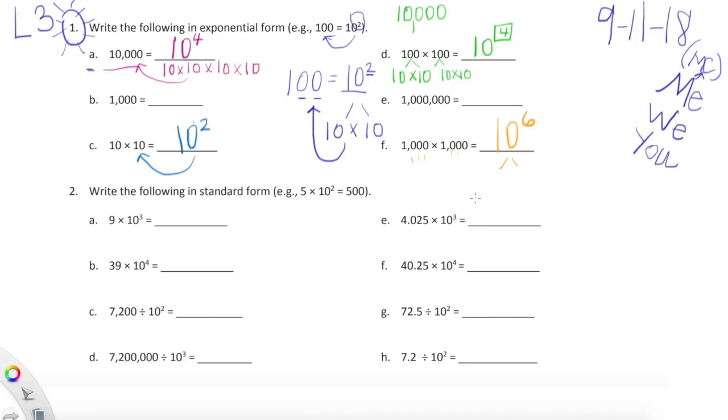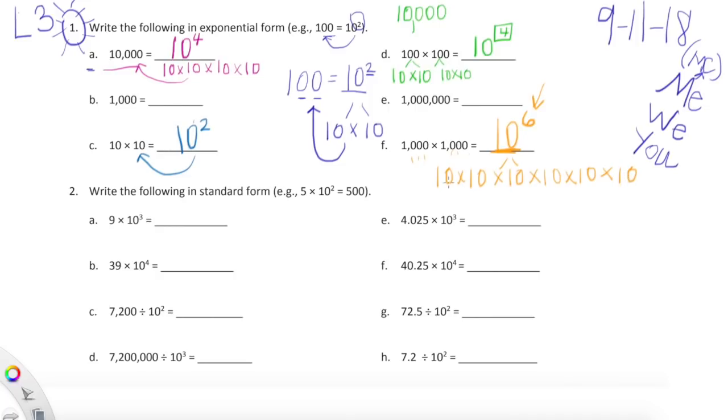Keep in mind, 10 to the 6th power requires us to multiply 10, our base value, 6 times. This bossy exponent tells us how many times we are going to multiply our base value. So we have 1, 2, 3, 4, 5, 6 10s. We have 10 times 10 times 10 times 10 times 10 times 10.